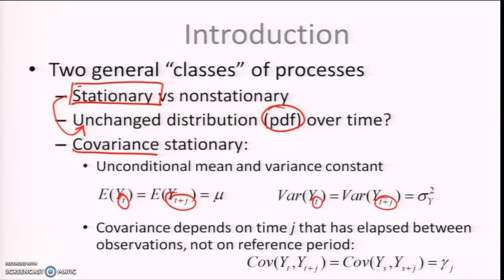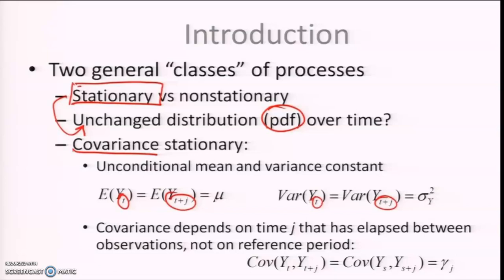And the covariance depends on the time j that has elapsed between observations, not on the reference. So covariance means that the two observations vary with each other, but their covariance depends upon the difference of time between the two observations.